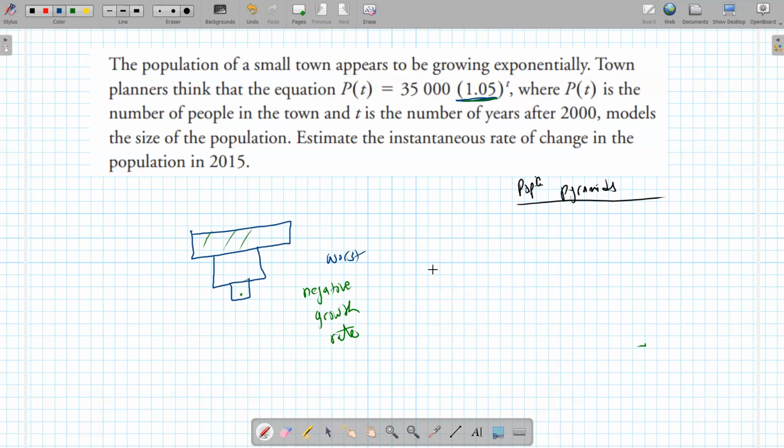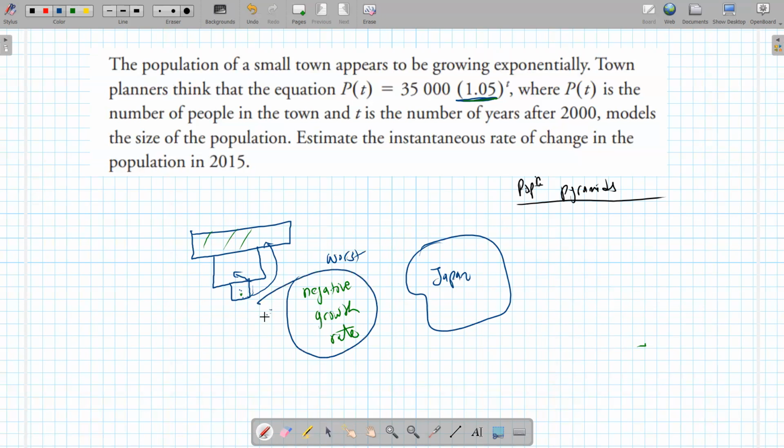The answer is Japan. They have a lot more elderly people than they have kids, which means they don't have enough population to sustain themselves. These will never make up for this fact. So this is a negative growth rate.